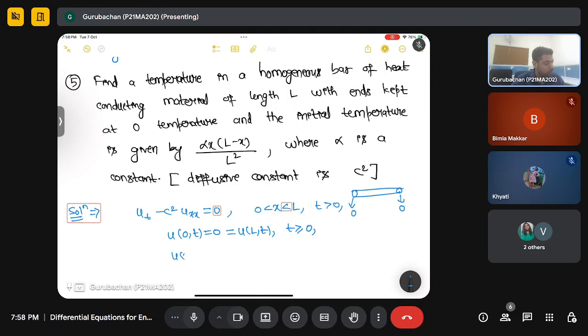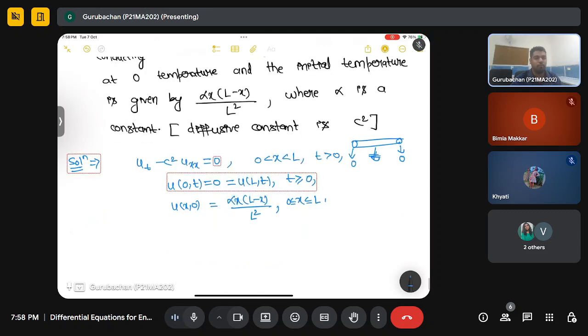Next is the initial temperature. Initial temperature means at any x, the temperature is given as alpha x (L minus x) divided by L square for any x between 0 and L. So this is your formed initial boundary value problem for this particular statement.